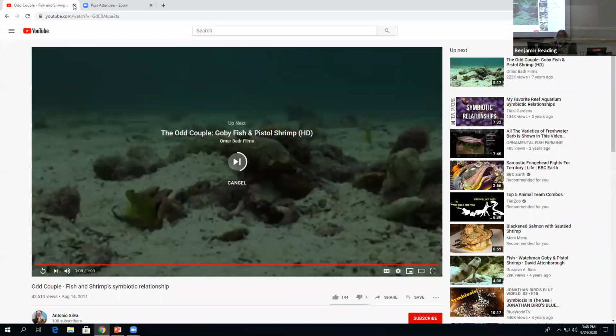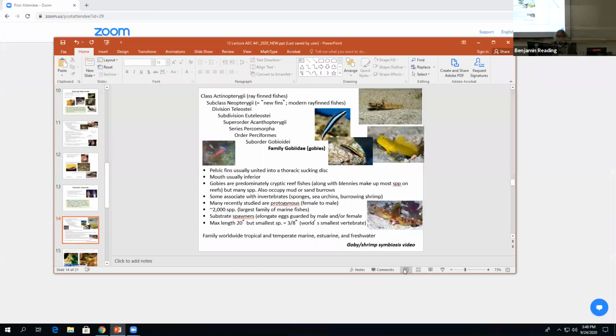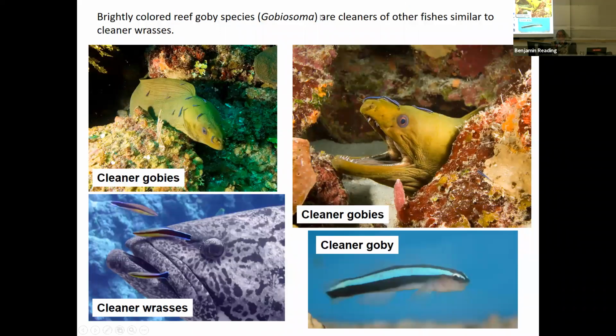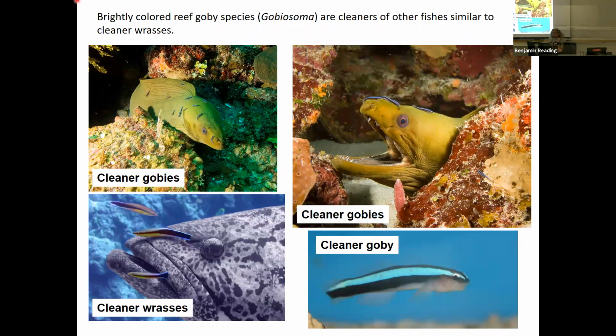So symbiotic relationships there with the gobies and the shrimp. So let me put my pointer back on. There we go. The brightly colored reef goby species, Gobiosoma, are cleaners of other fishes, similar to cleaner wrasses.